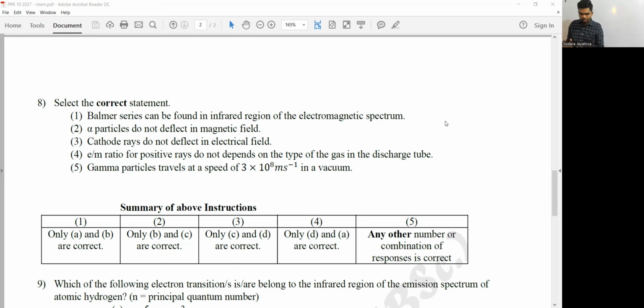But according to Einstein's theory, waves behave like particles, isn't it? So he called the particle of energy a photon. We can say gamma particles means gamma photons. So using the word particle is not wrong. Therefore we can select the fifth one as our answer.